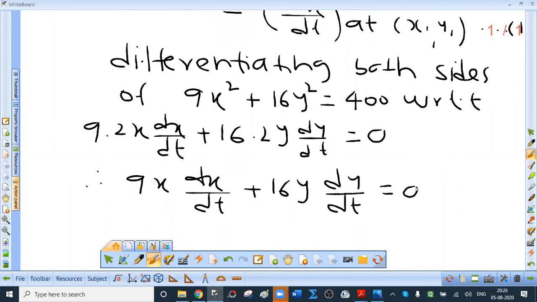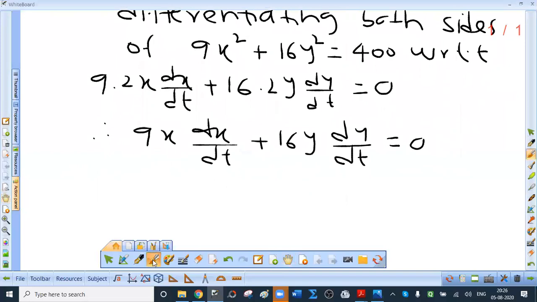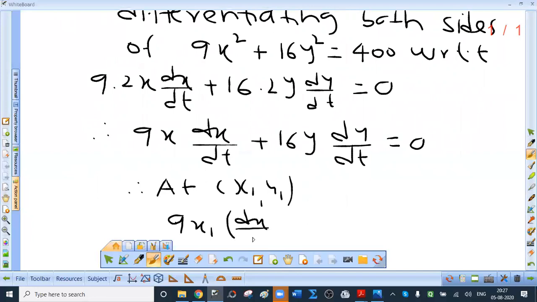Okay, now we have to consider the point x1 y1. Therefore at x1 y1, 9x1 dx/dt at x1 y1.